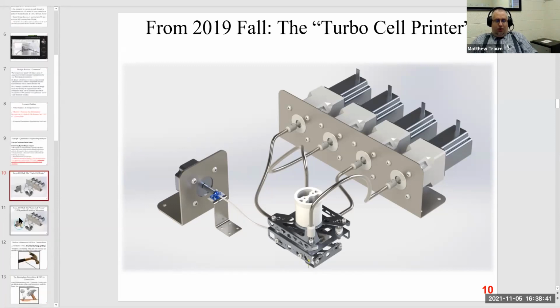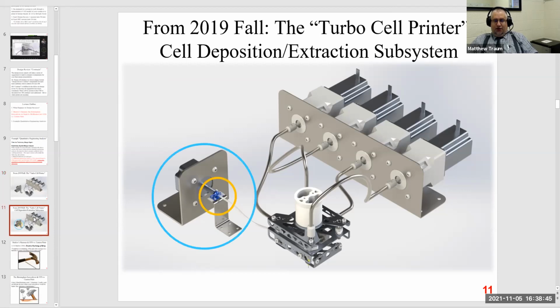And so the focus, at least one of the subsystems that was the focus of a lot of anxiety for the fall 2019 students, was the cell deposition and extraction subsystem. So the system that effectively pressurizes the liquid-like solid and pushes the bioink, the cells that you're printing with, into the 3D bioprinter, ultimately through the nozzle and into the petri dish.